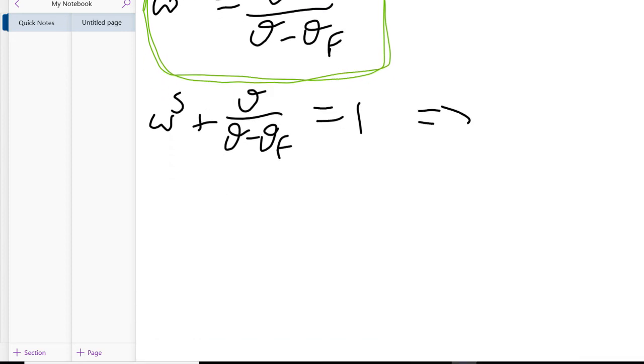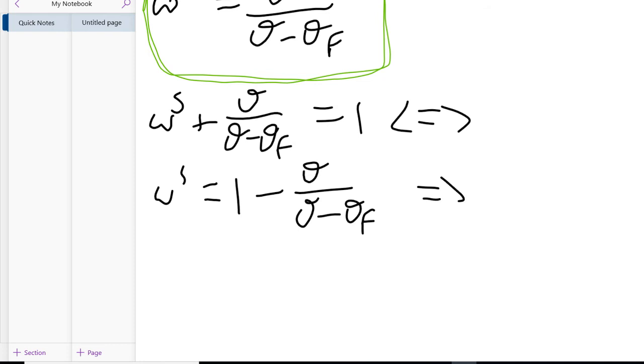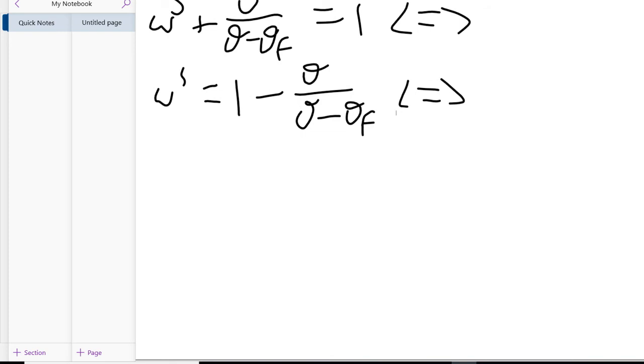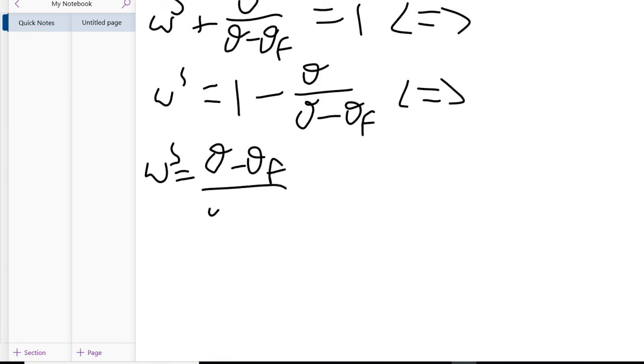So this is equivalent to w_S being equal to 1 minus sigma over (sigma minus sigma_f). Let's rework 1 as a common denominator, so we have (sigma minus sigma_f) over (sigma minus sigma_f) minus sigma over (sigma minus sigma_f).